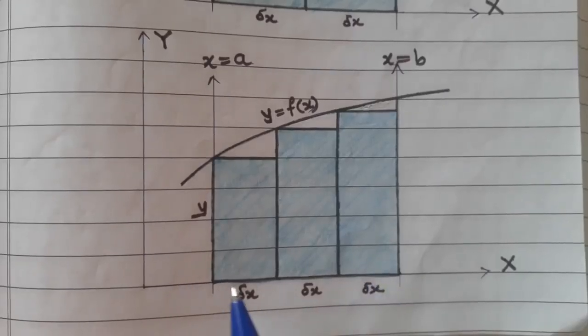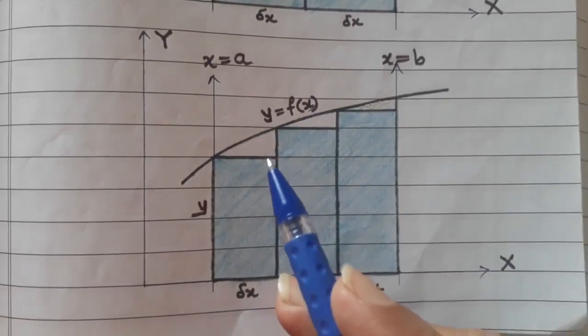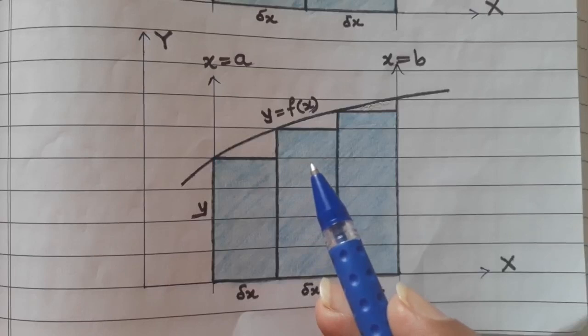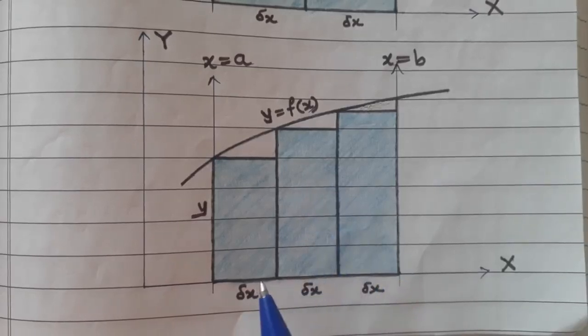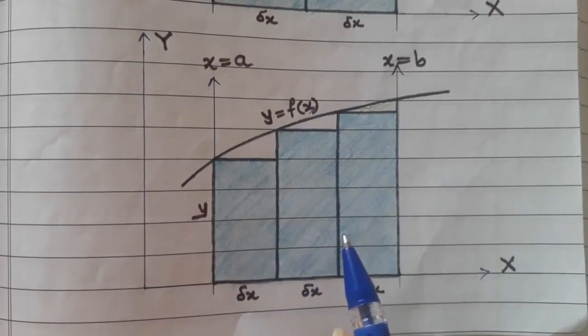As delta x becomes smaller and smaller, the area under the curve y equal to f of x becomes more and more accurate. So we just take delta x tending to 0, and there will be an infinite number of rectangles.